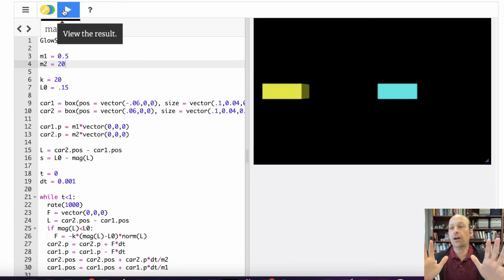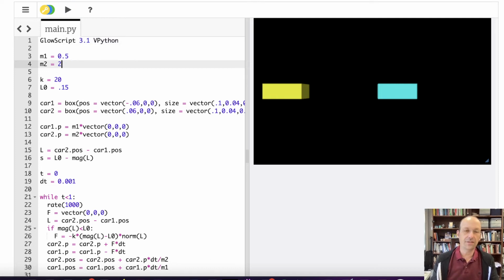Okay, now it's kind of hard to see also because the camera zooms out to fit everything. Here's the easy way to fix that. And this is not the best way. There are camera settings where you can set the angle and stuff like that. But I like to do this. I'll say H1 equals sphere, position equals vector negative 1.5, 0, 0, radius equals 0.001.